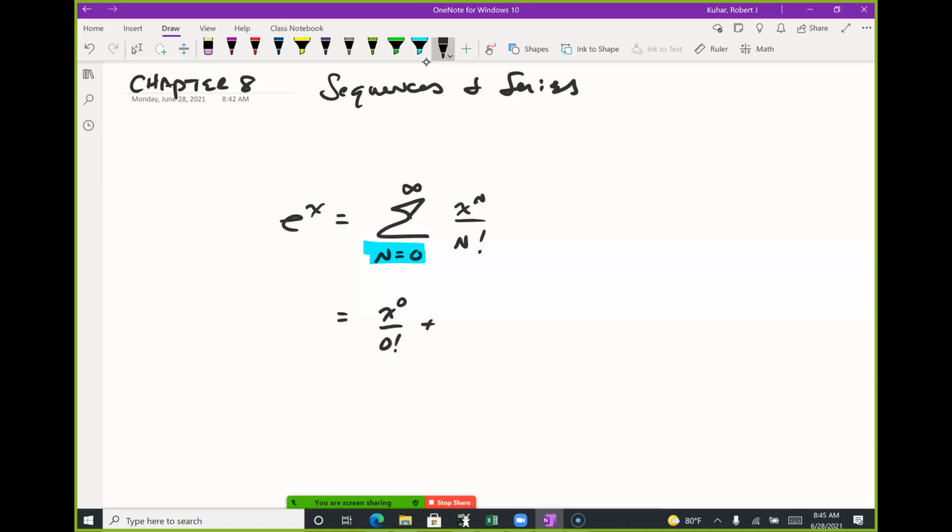The sigma, exactly. The sigma is telling me the plus, right? And then I've got x to the 1 over 1 factorial plus x squared over 2 factorial plus x cubed over 3 factorial plus dot, dot, dot.